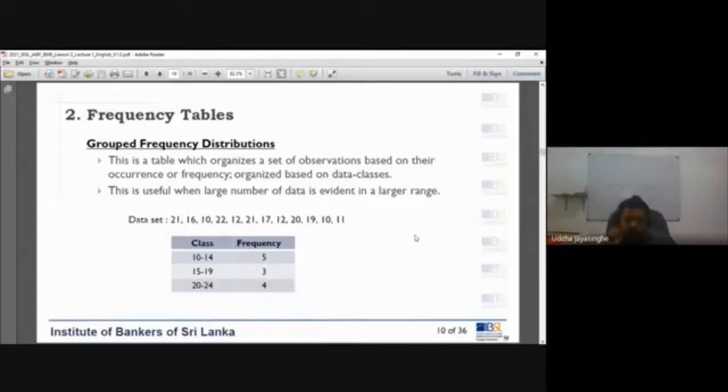So under this method, it's very easy to classify the data and put them in a class and call it the class frequency or the group frequency. So the 10 to 14 frequency number 5 means there seem to be 5 items in the class of 10 to 14.